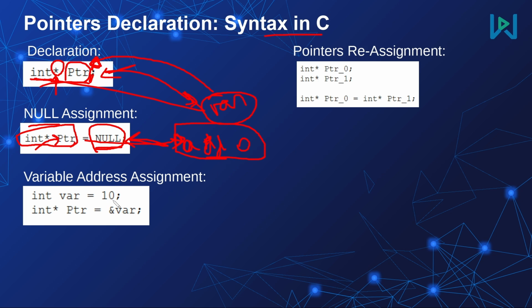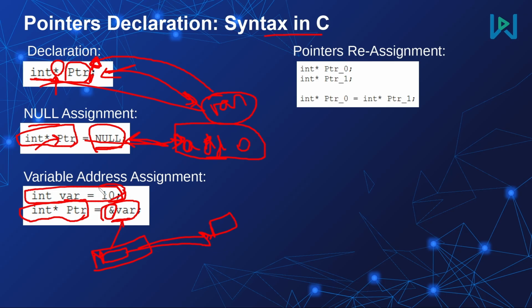Another way is that we declare a variable, as you can see here, or a structure or whatever, and then you pass the address of the variable or the structure to the created pointer. In this case, the pointer location will contain the address of this variable, and hence to access the content of our variable, we just need to use the pointer to access the address of this variable that contains this value.